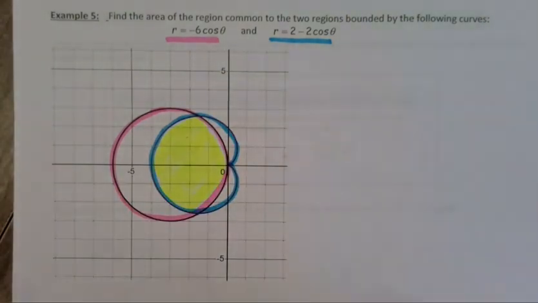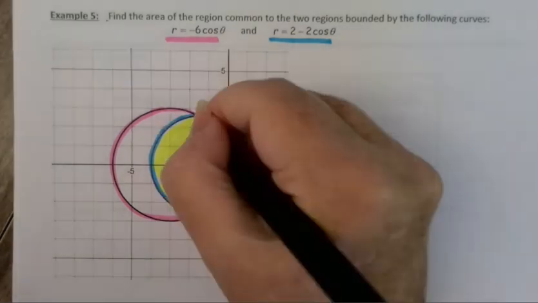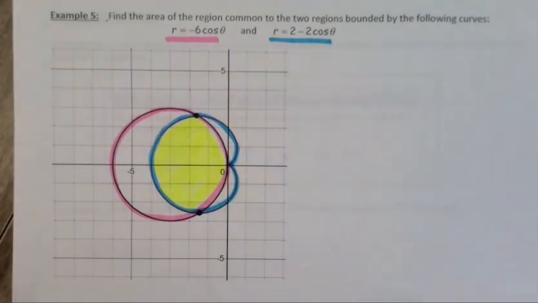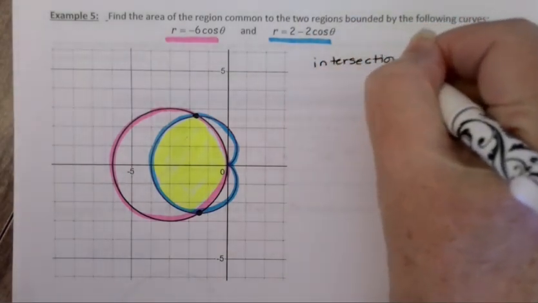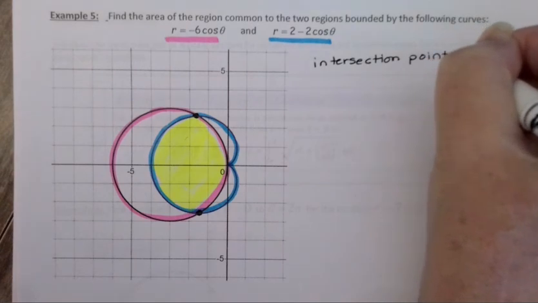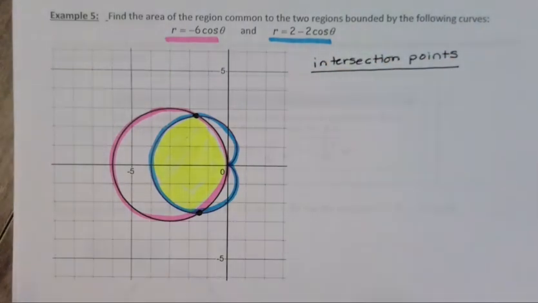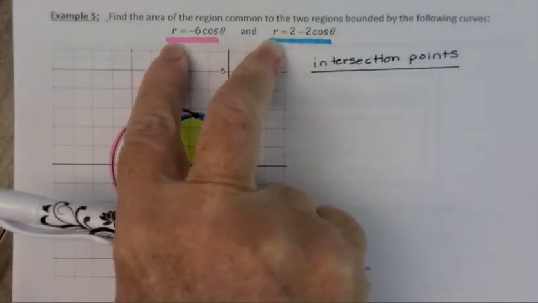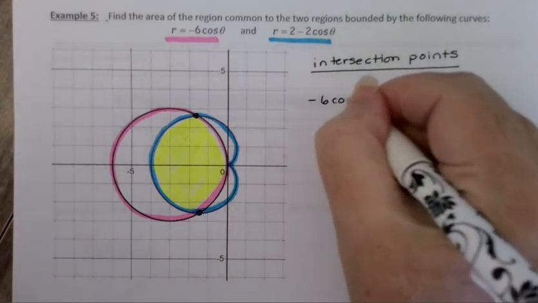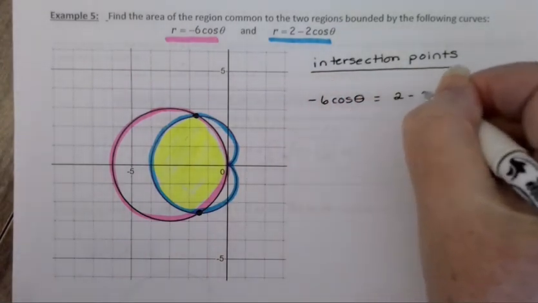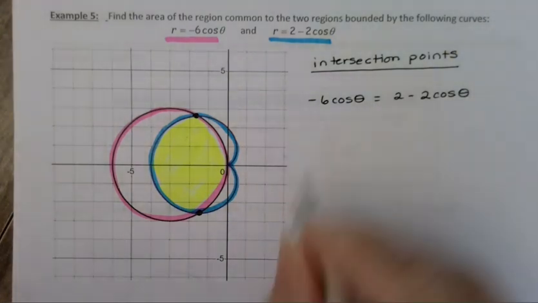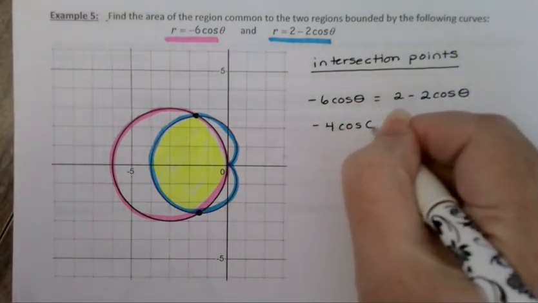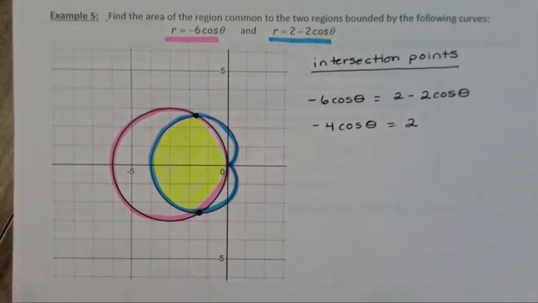All right, just like before, pretty clearly we're going to need the intersection points, so we might as well get those right away. Those are both expressions for r, so I'll just set them equal to one another. If I add the two cosines over, I'd have negative 4 cosine theta equals 2.